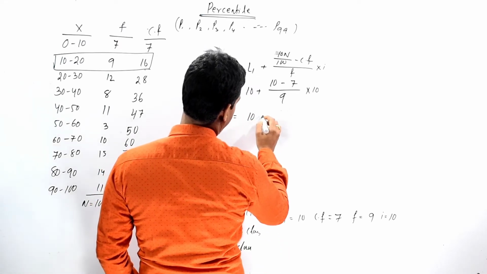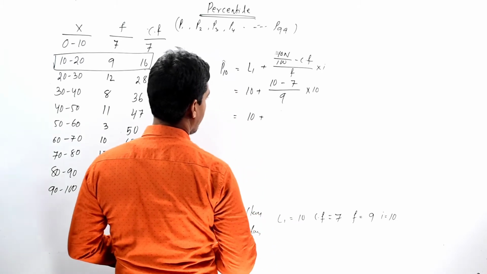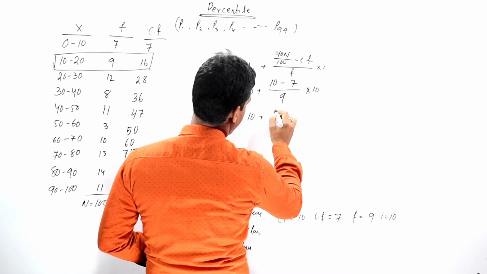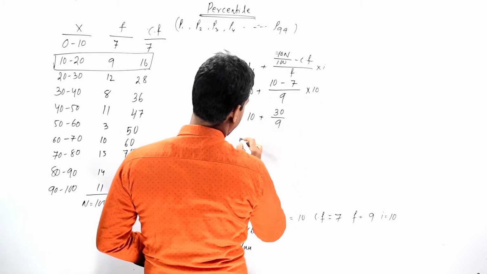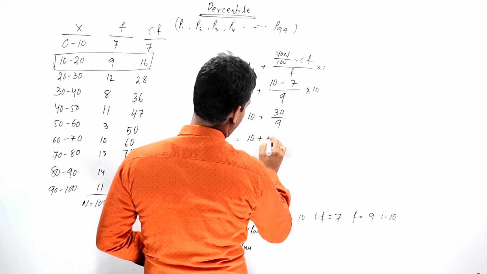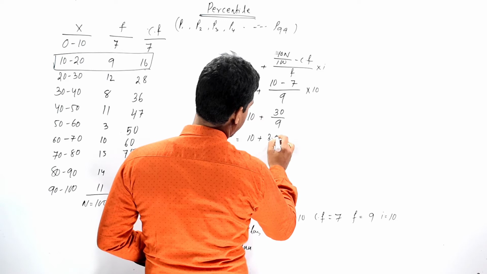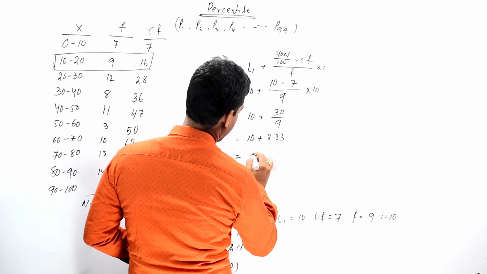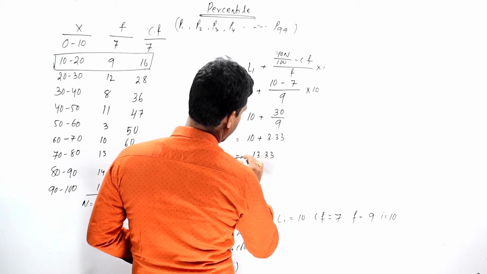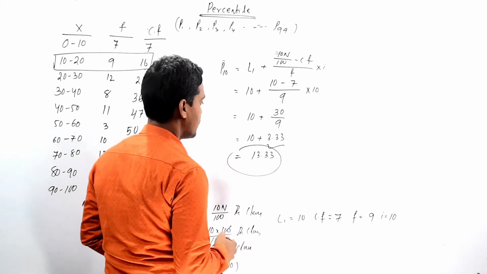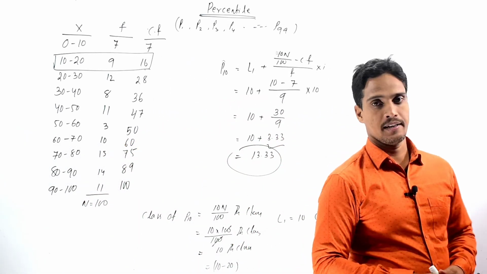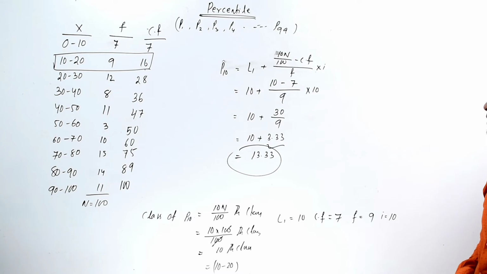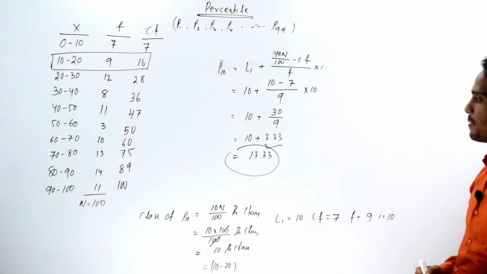Simplifying, 10 plus 10 minus 7, that is 3 into 10, 30 by 9, that is 3.33. So our P10 is 13.33. Similarly, we can compute any other percentile by using the same procedure.